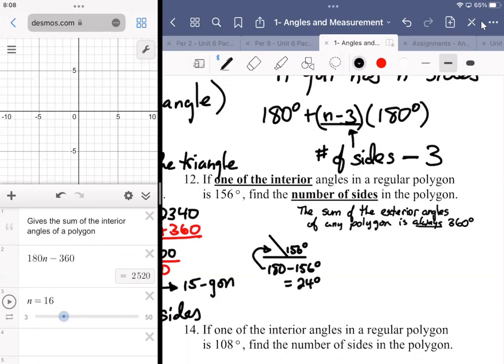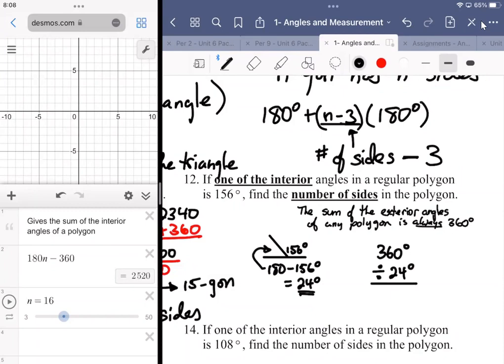right? So if I want to figure out how many sides there are, and I know that there's 360 degrees as the sum of all of those exterior angles, and I know one of them is 24 degrees, then all I would have to do is take 360 degrees and divide it by 24 degrees.